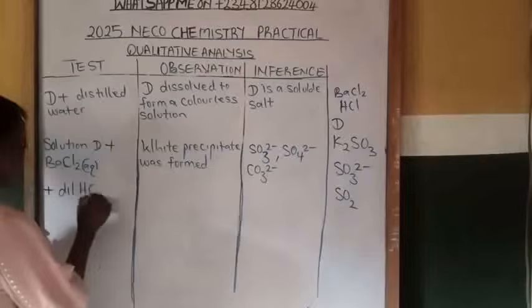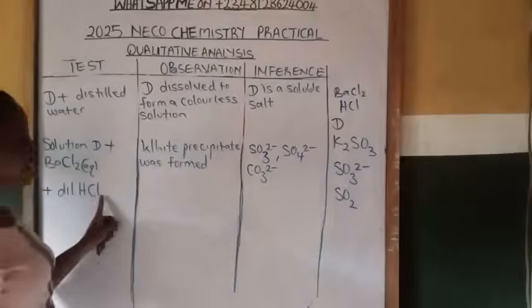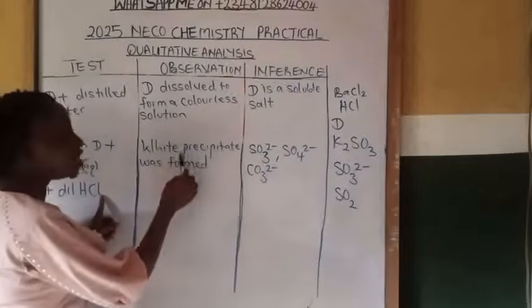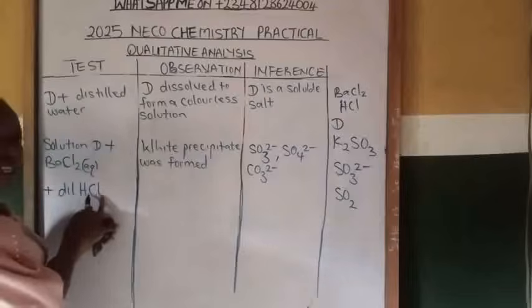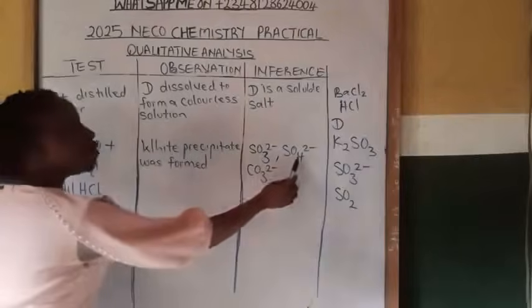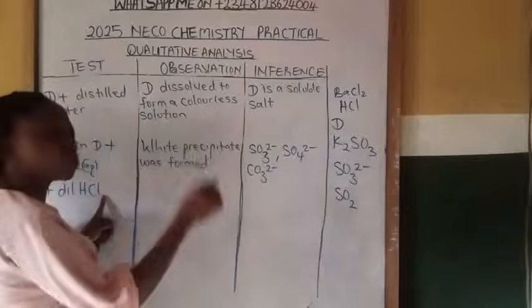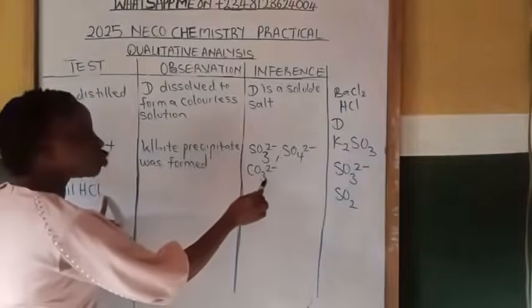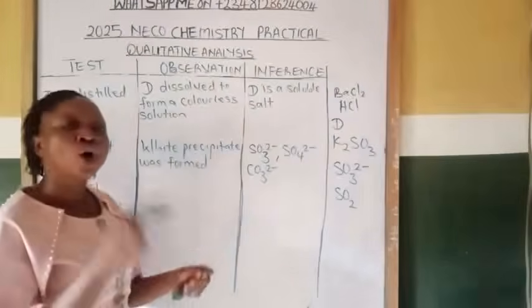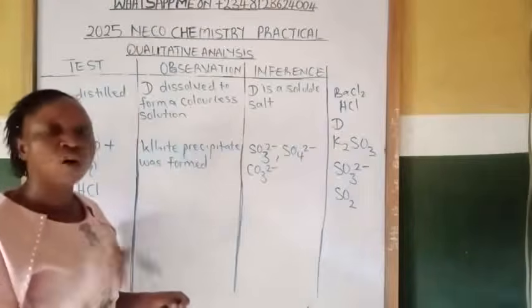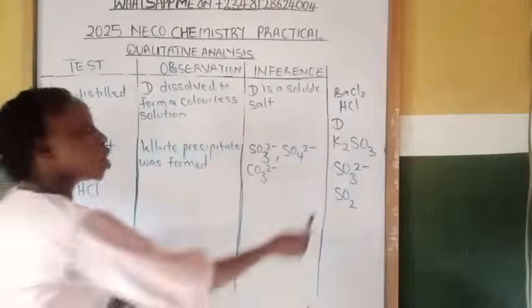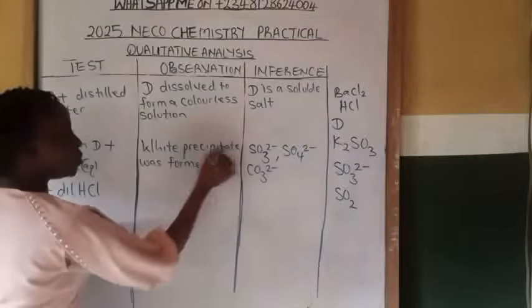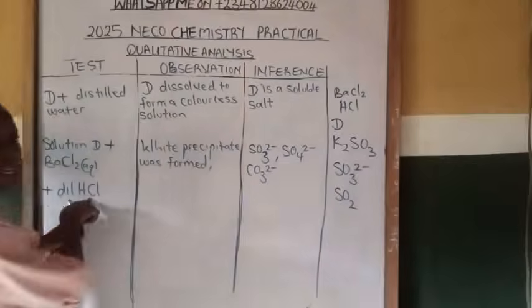When you add dilute HCl, if it is SO3 minus, the white precipitate will dissolve in dilute HCl. But if it is SO4 minus, the white precipitate will remain insoluble in dilute HCl. If it is CO3 minus, there will be effervescence of colorless and odorless gas, which turns lime water milky. But we want to confirm the presence of SO3 minus. So therefore, the white precipitate will dissolve in dilute HCl.